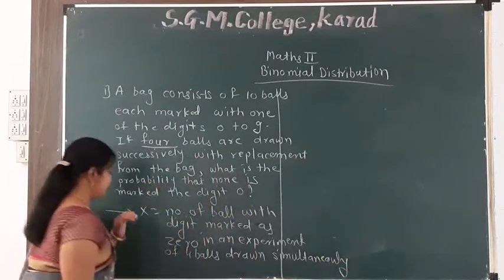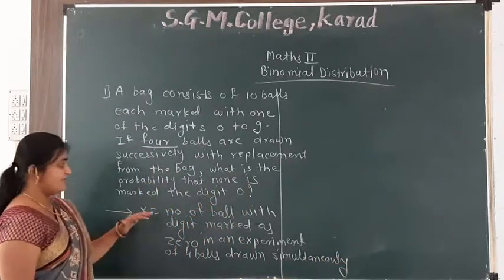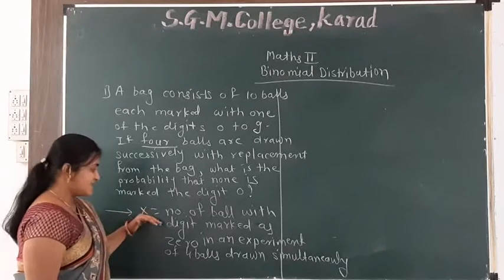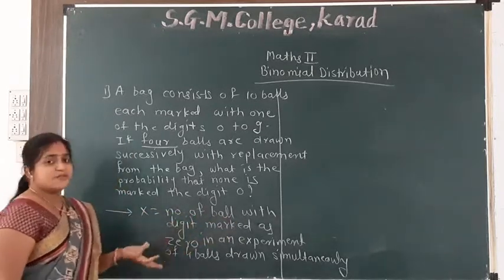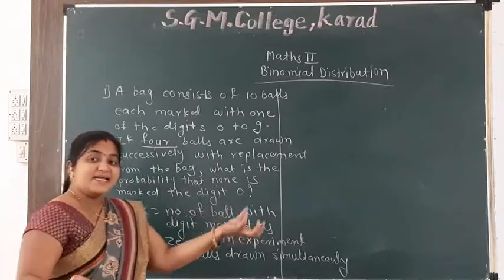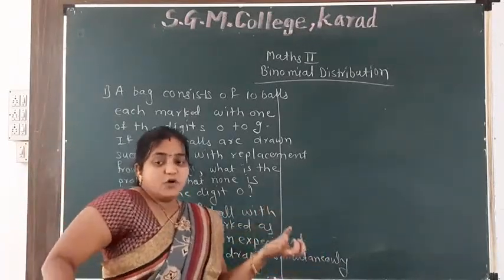So we decide here the probability of that success, the number of balls with digits marked as 0. So what is the possibility of getting the ball marked 0?